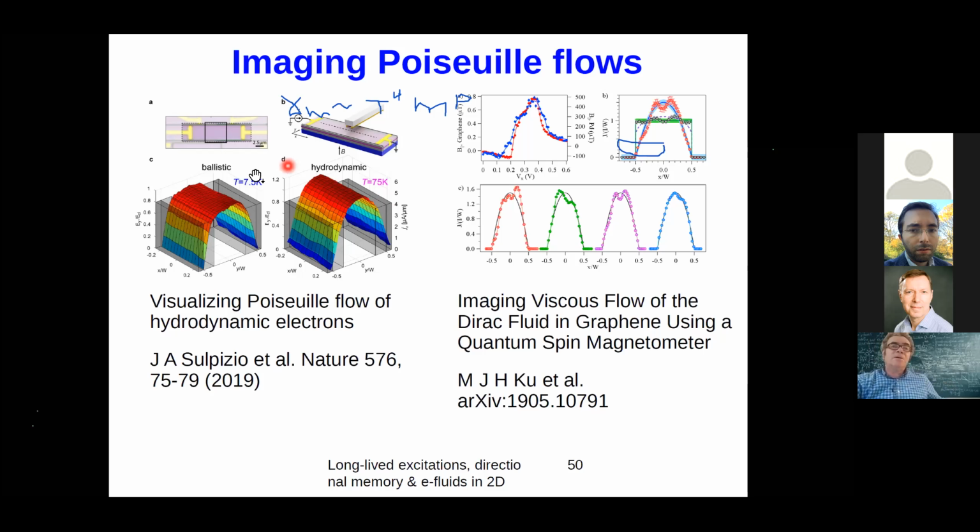They take a graphene ribbon, and at very low temperatures they map out a velocity profile, though they don't see it directly. It looks uniform in the middle, with some drops near the edges. What that drop means, we're not sure how seriously to take it; it could be a resolution problem. But when they warm it up and go to what we would expect to be the hydrodynamic regime, they see very clearly a finite curvature region appearing in the middle. So it begins to look like a parabola of some kind.